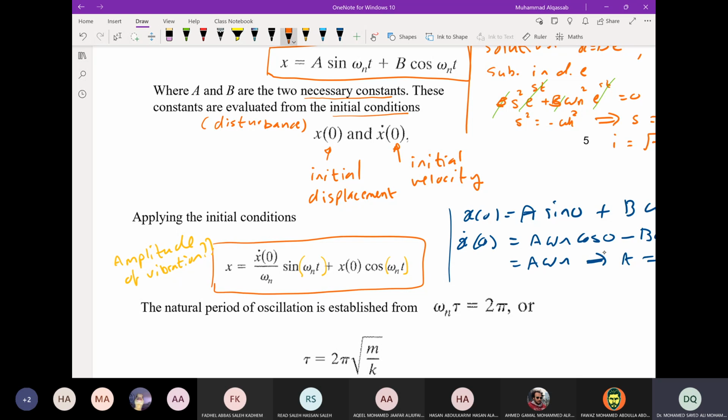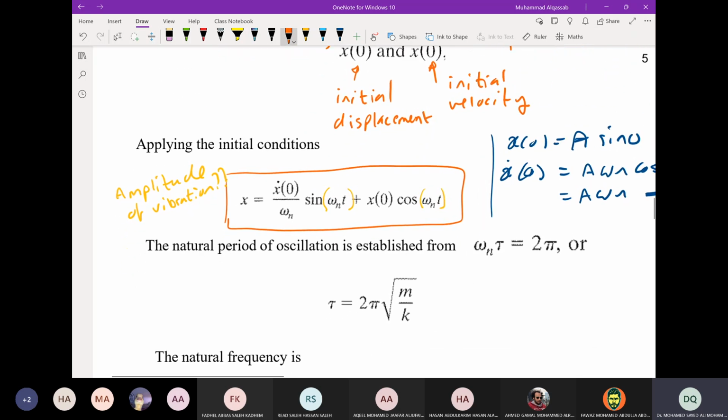Both of them might be not 0, or one of them being not 0 is enough to start the motion from equilibrium. In case both are not 0, the final solution is x equal to x dot at 0 divided by omega n sine omega nt plus x0 cosine omega nt.